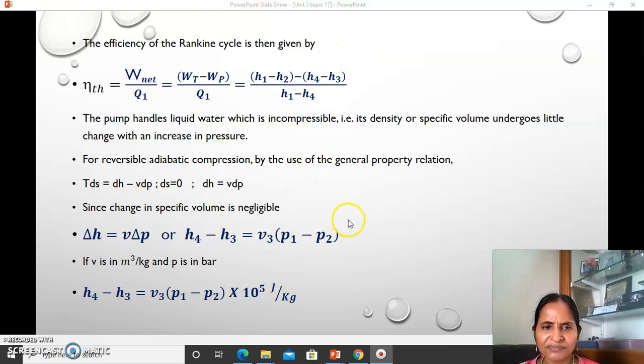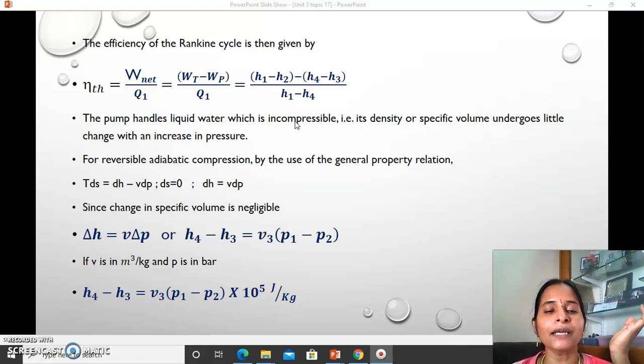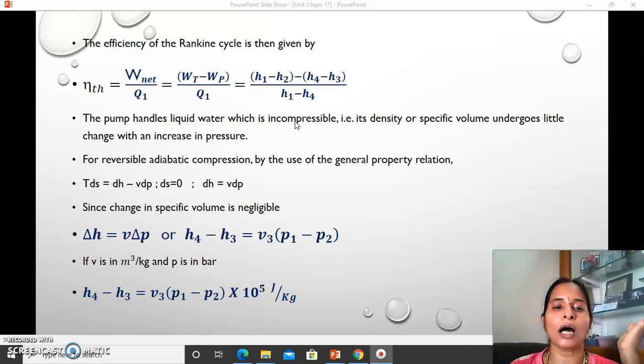Sometimes the pump handles liquid water, which is incompressible. As I told you, if the pump handled gaseous fuel, then all the power produced by the turbine itself would not be sufficient to run the pump. So we convert it into liquid and then compress it into the boiler.